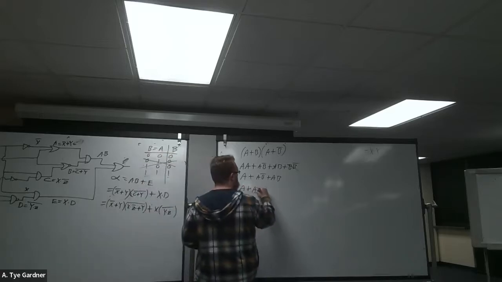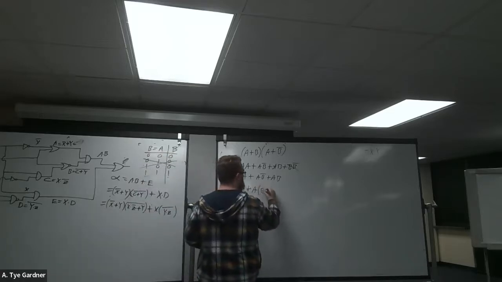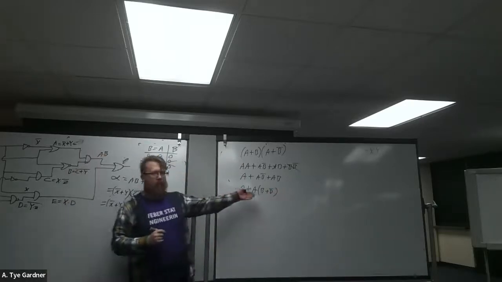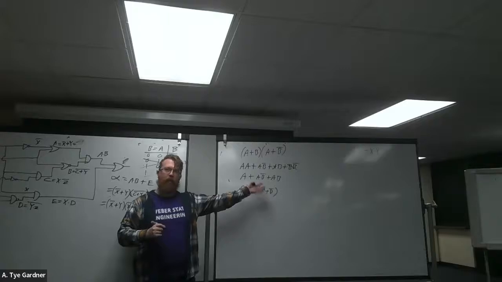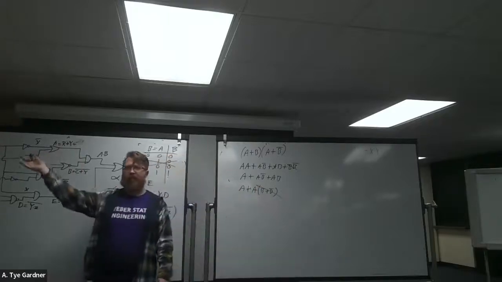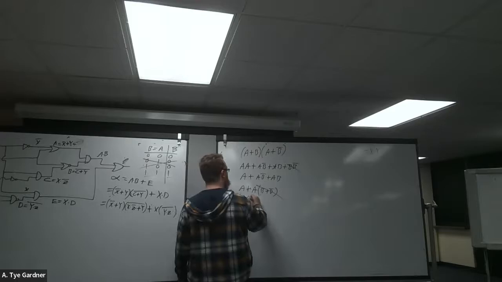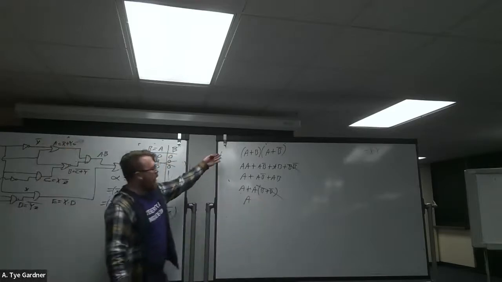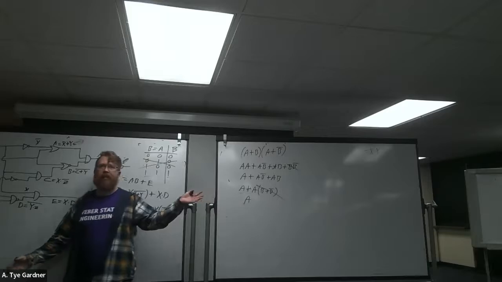A or A, that, right? And then we have B or not B, which is 1. So I can just cross that out. And now I have A or A, which is A. That's cool, right? That whole circuit is trivial, it is A.